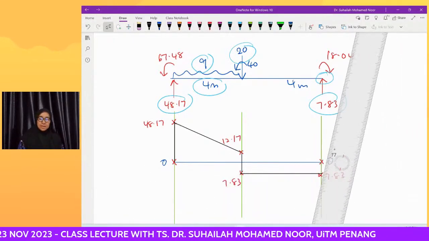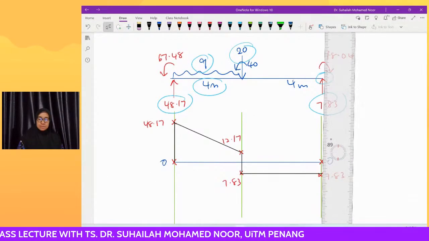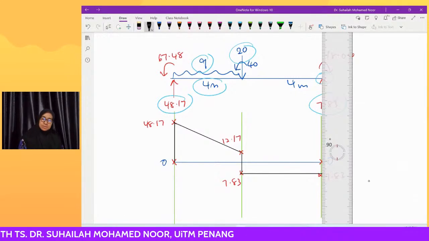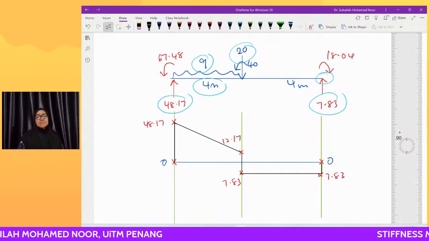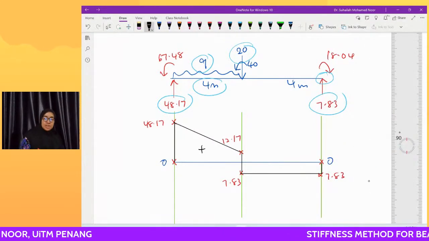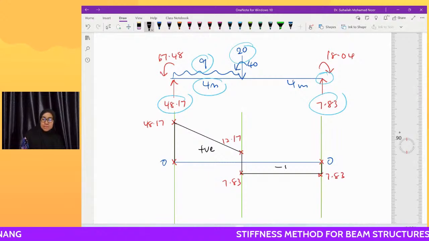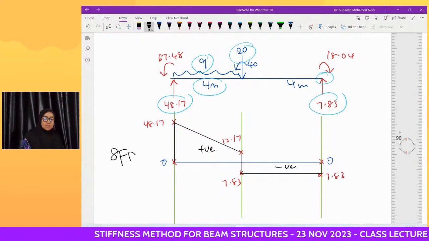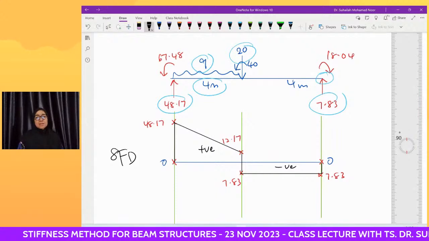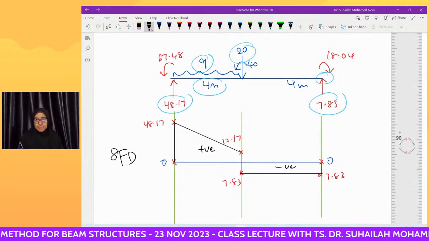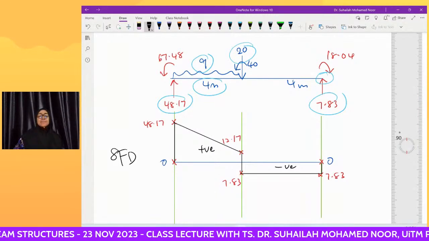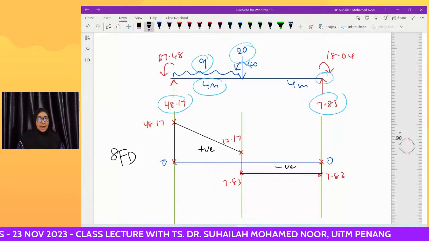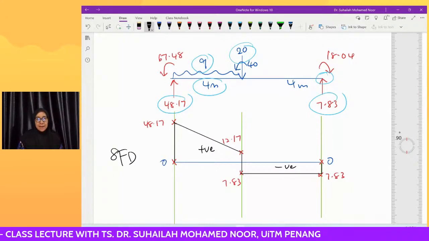So this is positive, this is negative, and this is the shear force diagram. After the shear force diagram, we will draw the bending moment diagram from it.